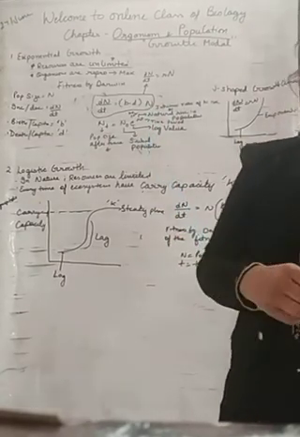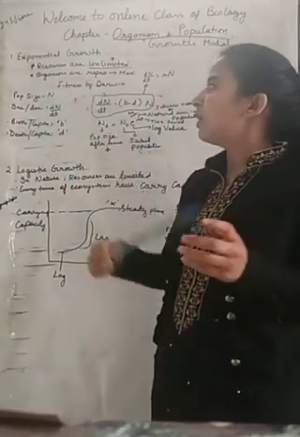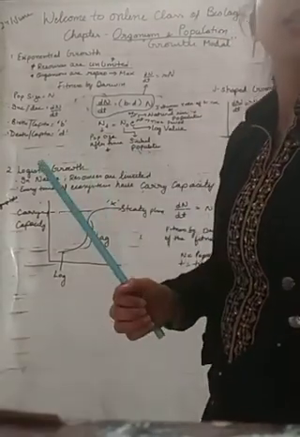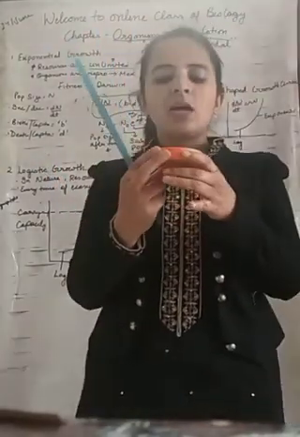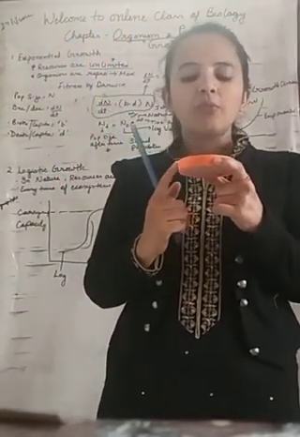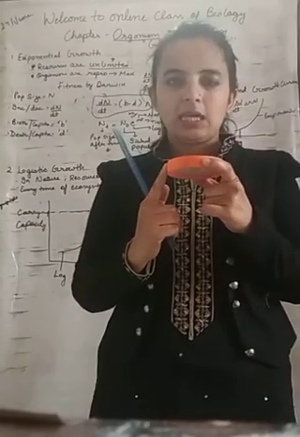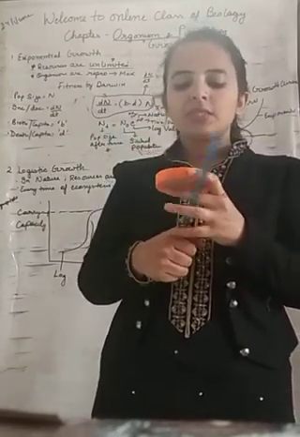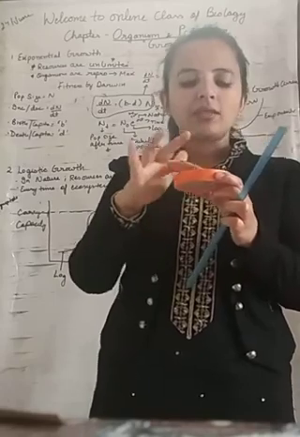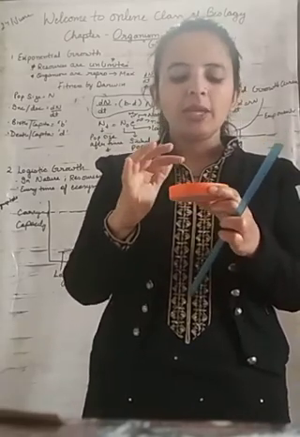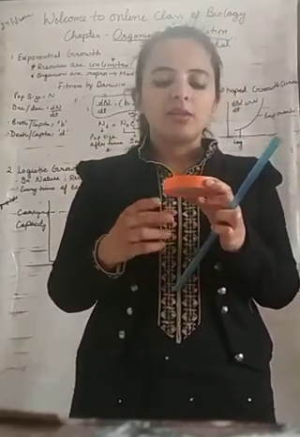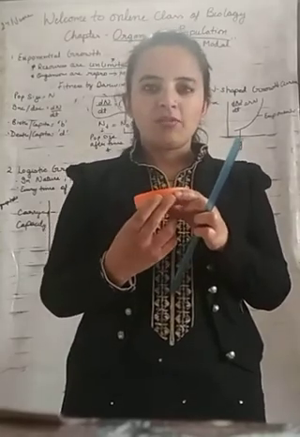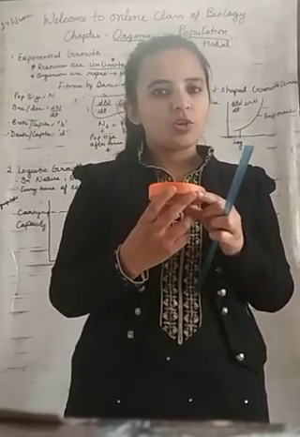Clear? Dear students, I want to explain you about exponential growth by this thing. Suppose this is a petri dish. Here I am growing a bacteria. Here I have inserted many nutrients, and space is also this much only, but with time I have observed that space is small for such a huge population of these bacteria.